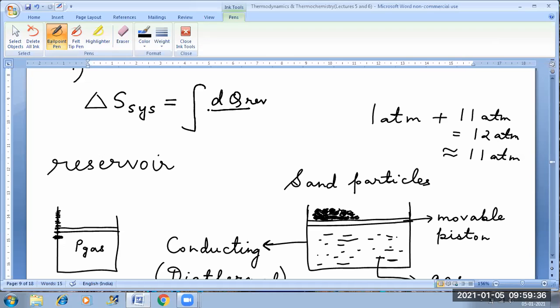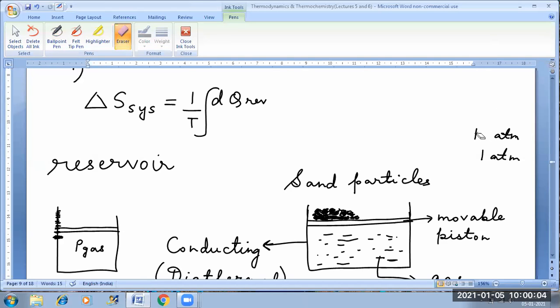Since it is a reversible process, I can directly use the value of dq upon temperature. The temperature is constant because it's an isothermal process. So I can take this temperature outside the integral sign. Correct? Because any constant is taken outside the integral.